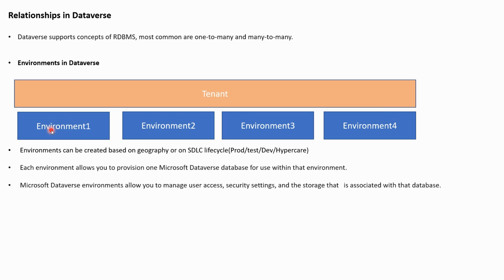You can have environments based on the different departments of your business unit. So you can have environments as per your need. Each environment allows you to provision one Microsoft Dataverse database for use within that environment, so you can have one database dedicated to that particular environment. Along with it, the user access security settings can be done based on the environment, which we have already shown you in our last lecture.